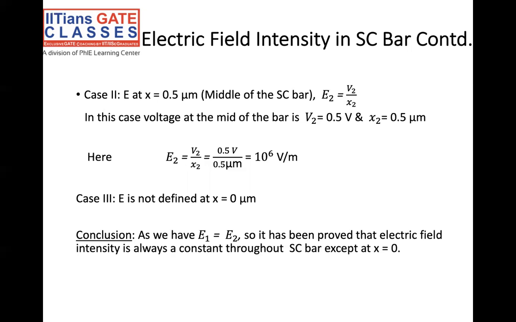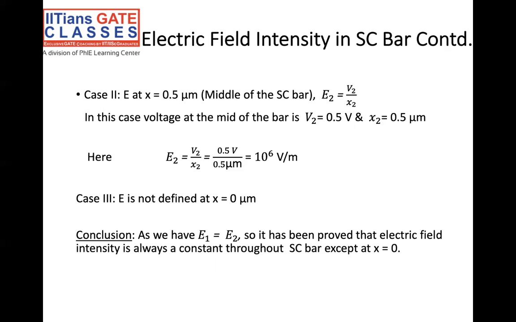So in this case, if we divide the semiconductor bar in two parts which are equal in length, the same material is there, so the same resistivity will be there for both bar parts. So the resistance of the two equal semiconductor bars will be the same. So the applied voltage can be divided, and at the mid of the semiconductor bar we can find it by the voltage division rule.